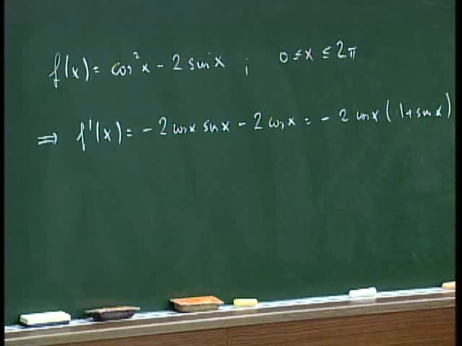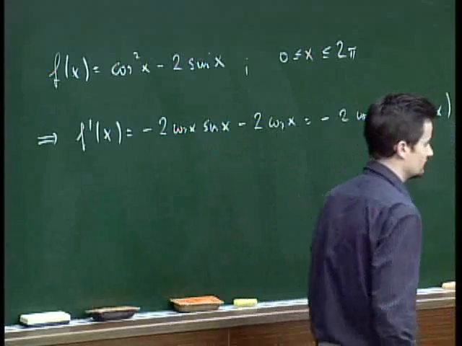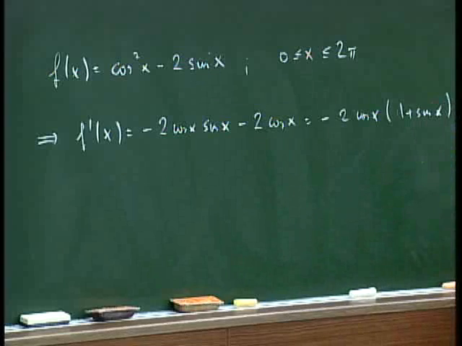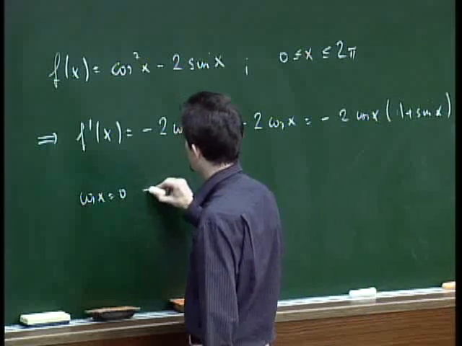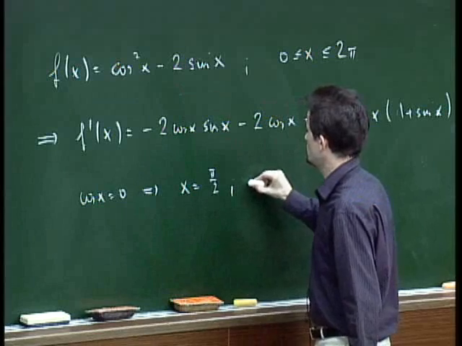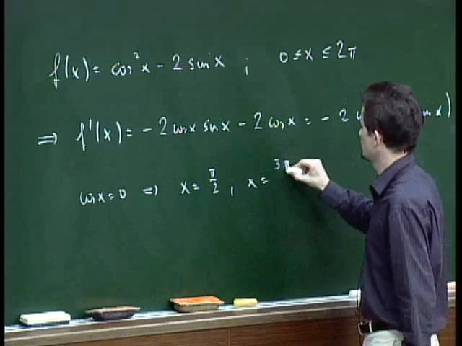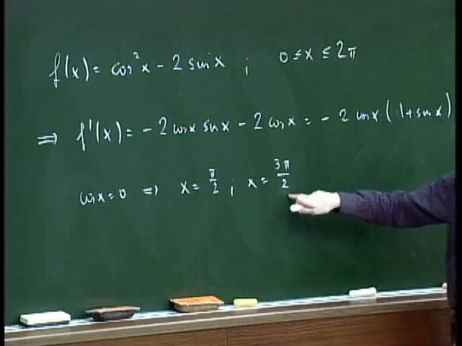sine of x. Now, the next step is normally to find the zeros of the derivative, because that's where we have possible sign changes. So we see the cosine of x is equal to 0 if either x is equal to pi half or x is equal to 3 pi half. And the sine of x is equal to minus 1 at this point here.